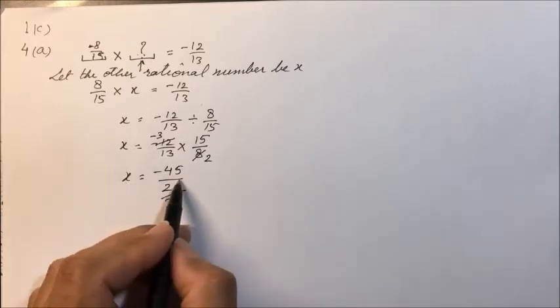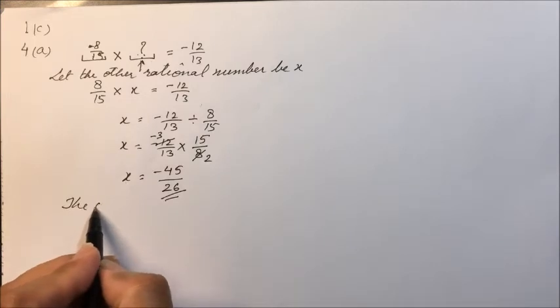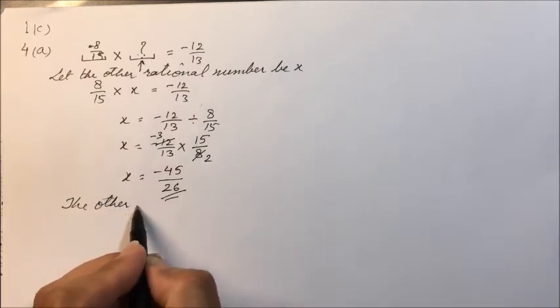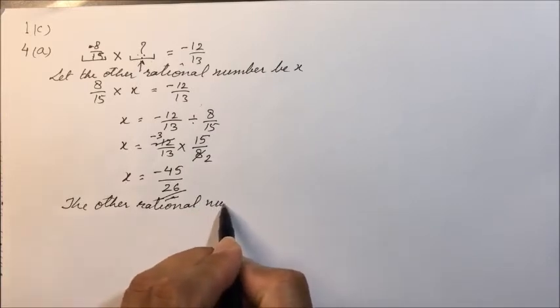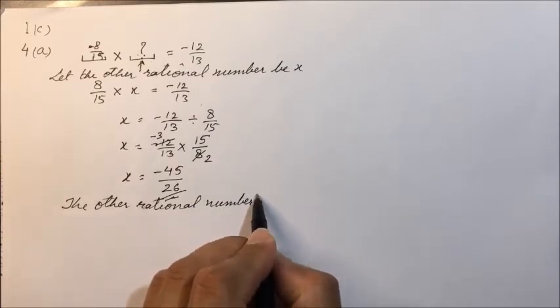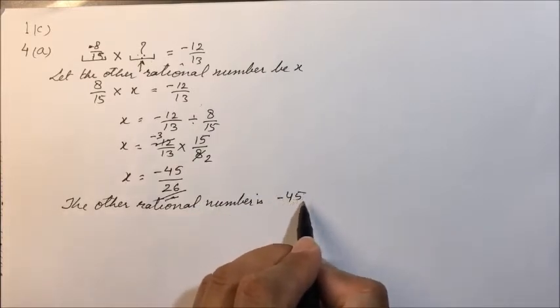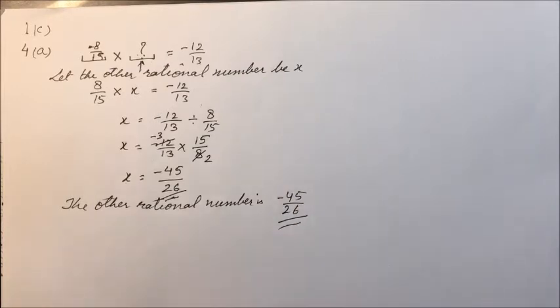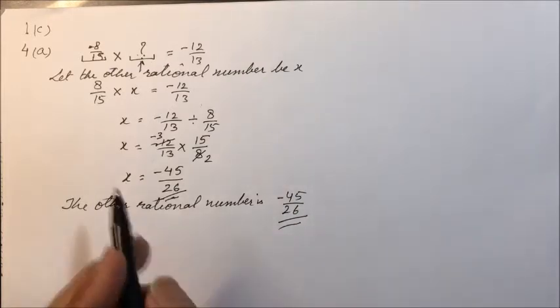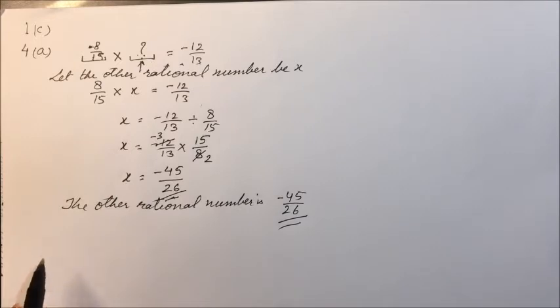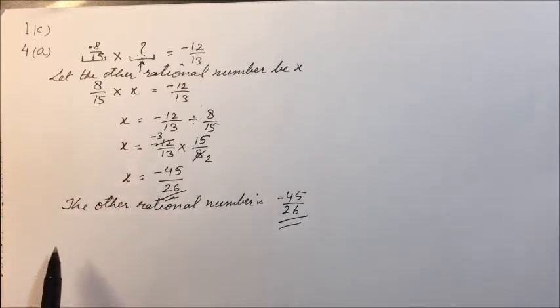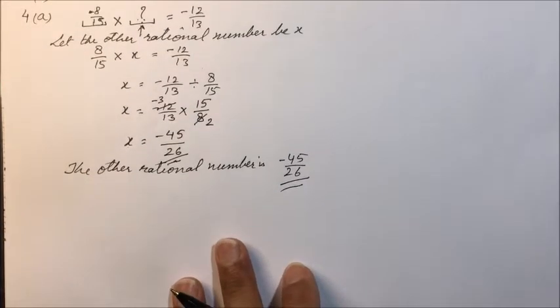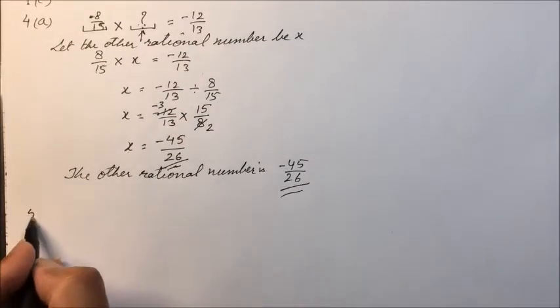So the other rational number is minus 45 upon 26. Now try to solve the B part and C part. You can pause the video and solve them. After that, we will be discussing fifth A.